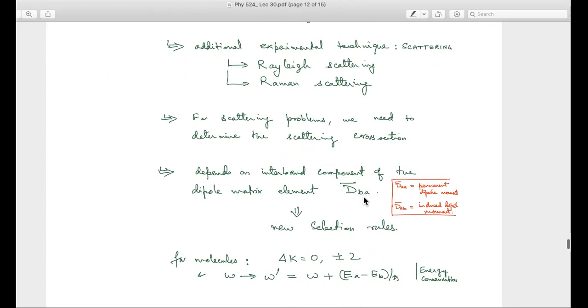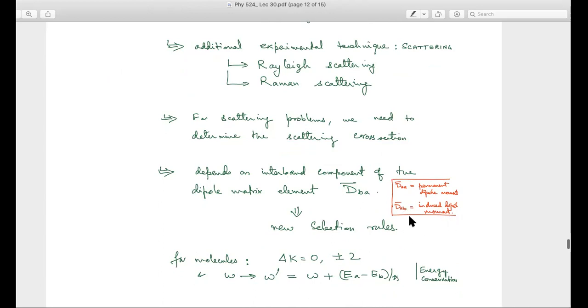Whatever we did for the absorption and emission spectrum depended on the DAA, or the permanent dipole moment of the molecule. And DAB is the induced dipole moment of the molecule. And that gives you new selection rules.